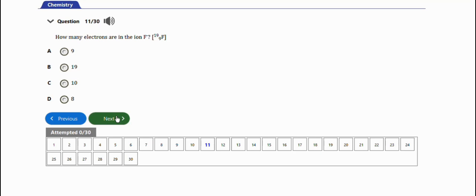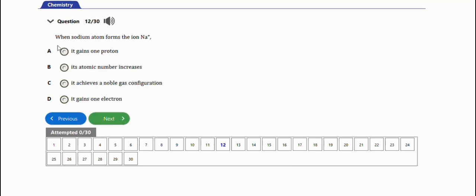Next question will be this one. So when a sodium atom forms the sodium ion, it gains 1 electron, 1 proton, its atomic number increases, it achieves noble gas configuration. The right option will be option C: it achieves a noble gas configuration, because it's a charged atom, right?